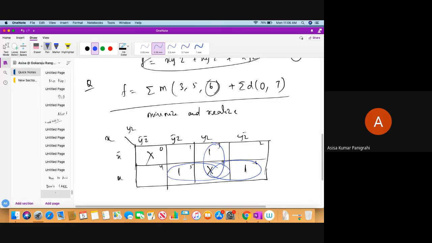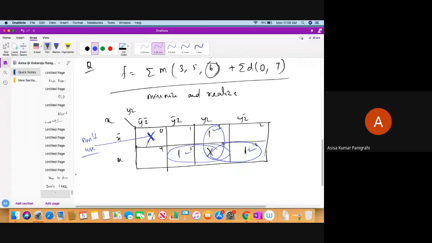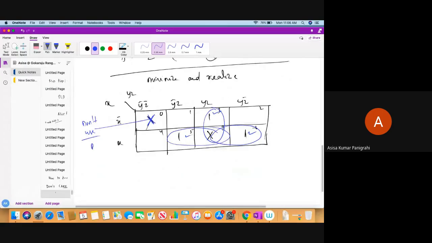Here, with this don't care, no other min term is present, all these min terms are already engaged, so there's no need to combine this don't care. Leave it as it is, don't use it, according to rule number 6 of the KMF.